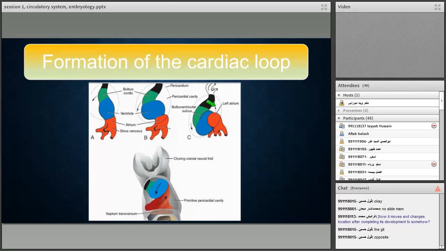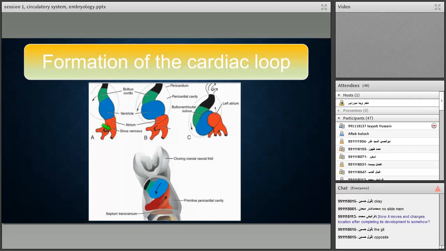The cranial portion, or the cephalic portion of the heart tube, forms some parts like the bulbus cordis and the ventricle. But the caudal part of the heart tube forms the atrium and the sinus venosus.